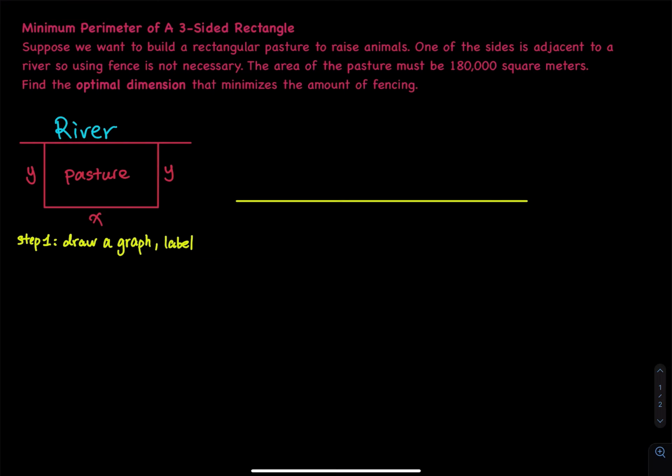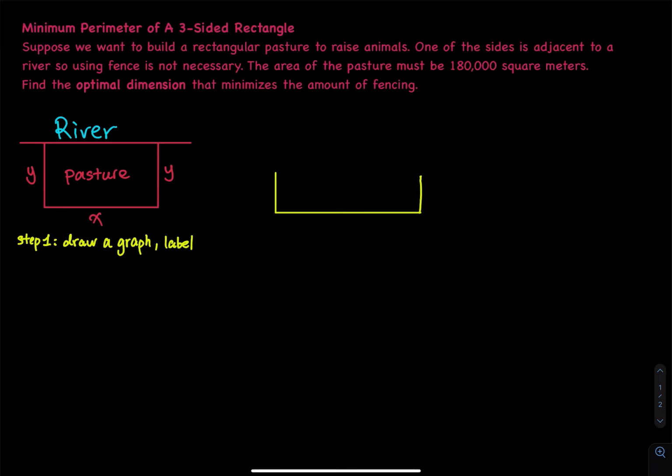The first step to solve an optimization problem is to draw a picture, nice and big, and label your picture. I buy some fence and then I need to make a cut. Let's say I make a cut right here and another cut right there. After the cuts, we have a length and two widths.